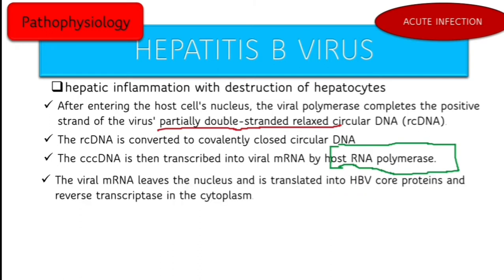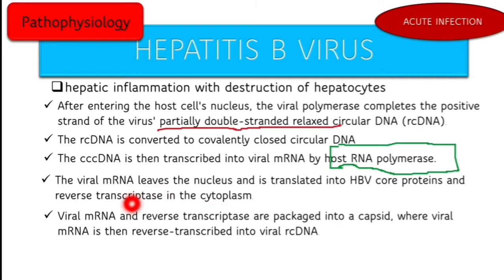From there, the viral mRNA will leave the nucleus and then be translated into HBV core proteins and reverse transcriptase in the cytoplasm. This viral mRNA and reverse transcriptase are packaged into the capsid, where the viral mRNA is then reverse transcribed into relaxed circular DNA, right?